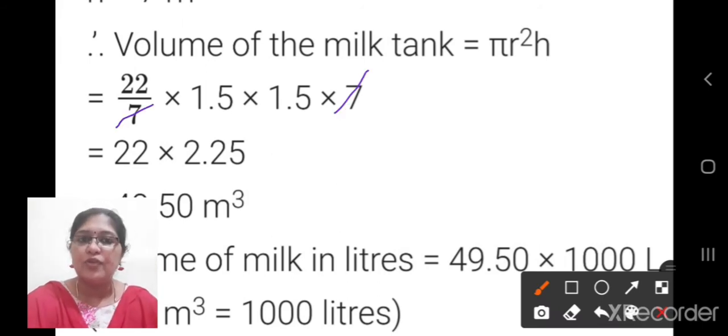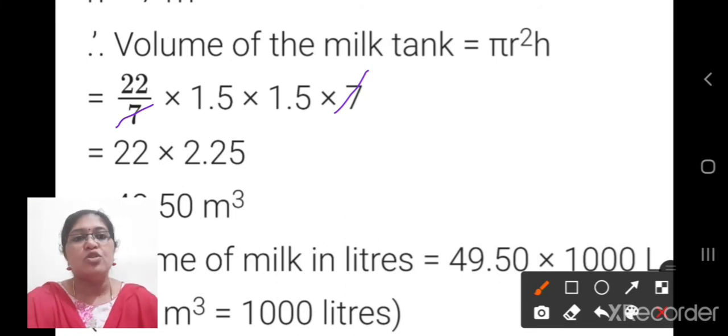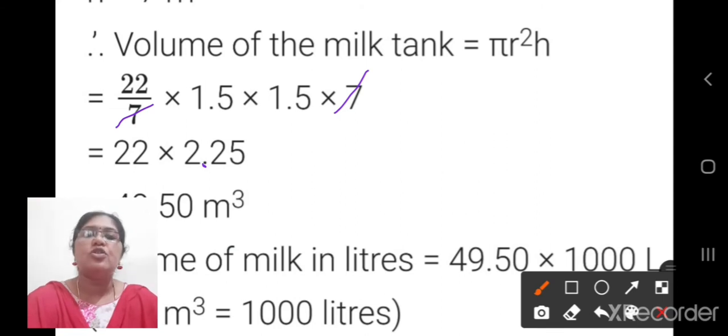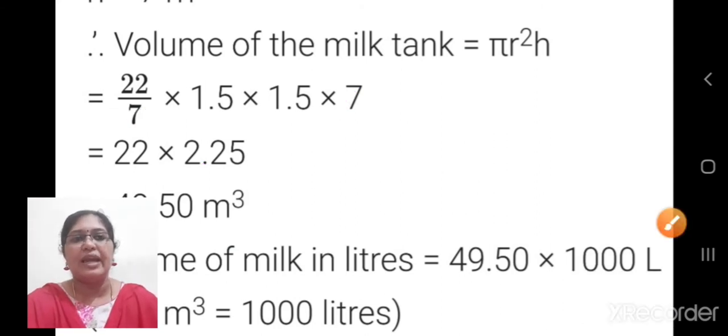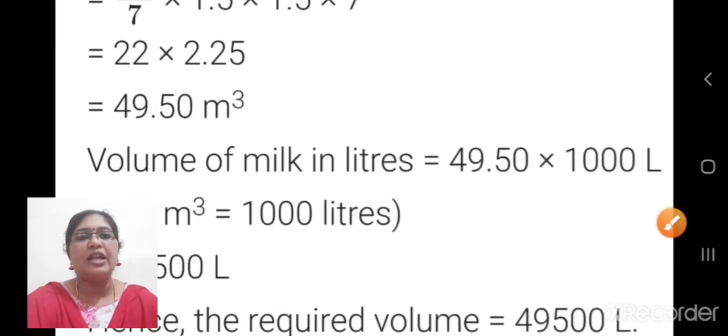So 15 into 15, you know it is 225. Two decimal places are coming, so after 2 places you put a point. So it is 2.25. Then you multiply 22 into 2.25, and you will get the answer as 49.50 meter cube.